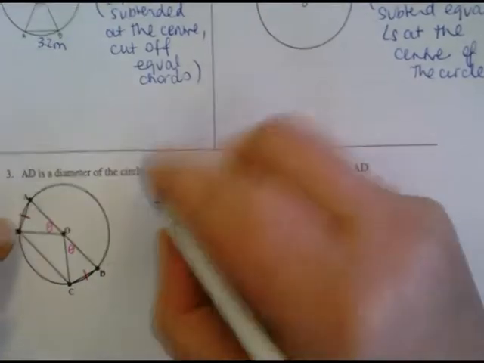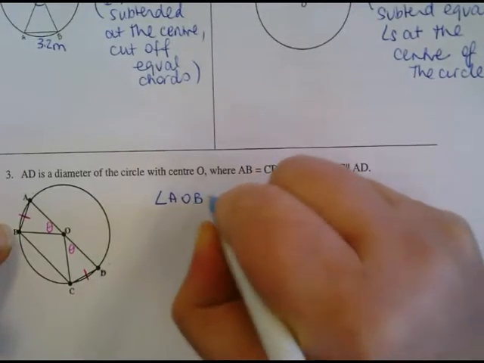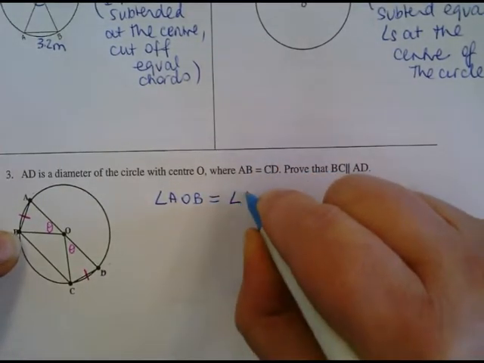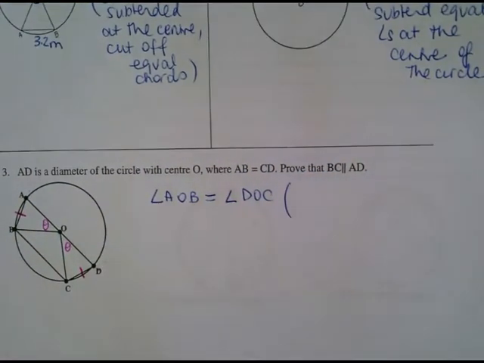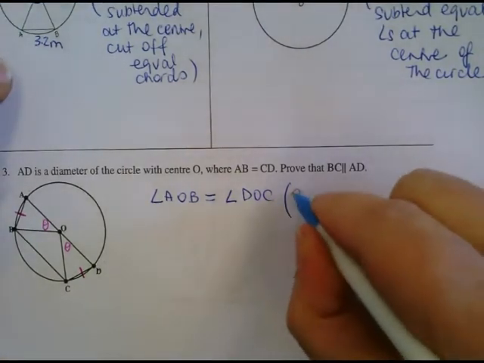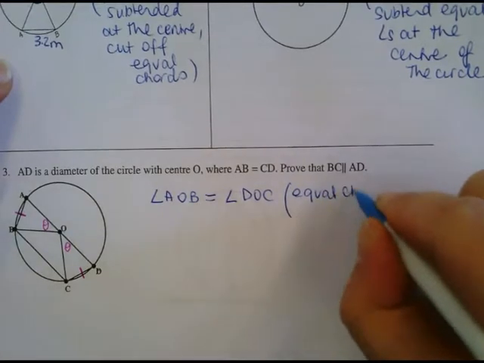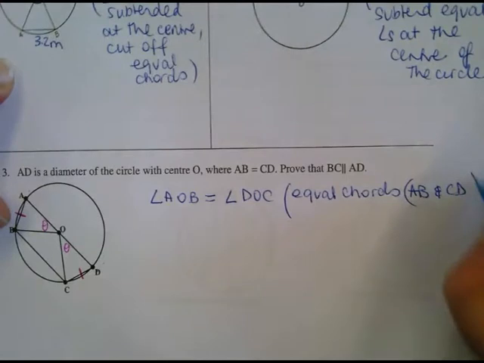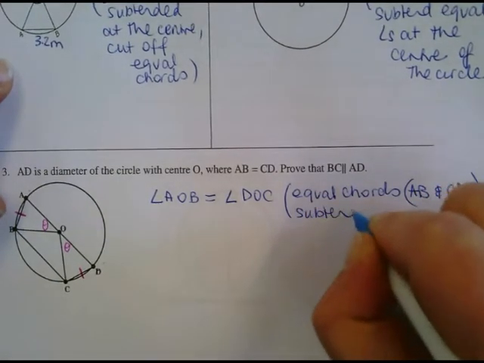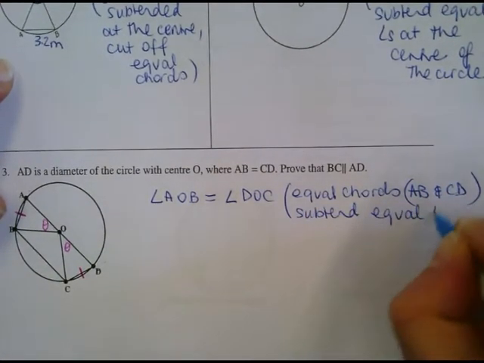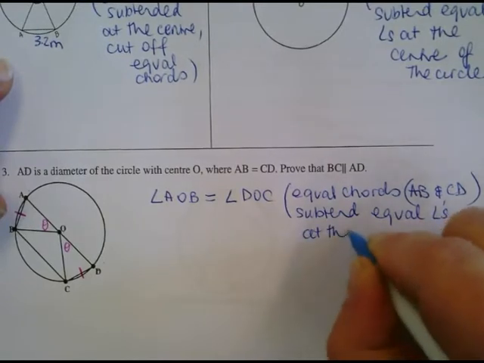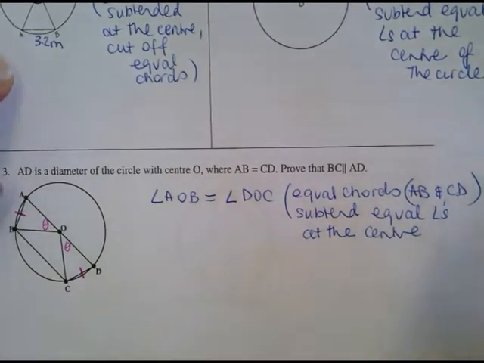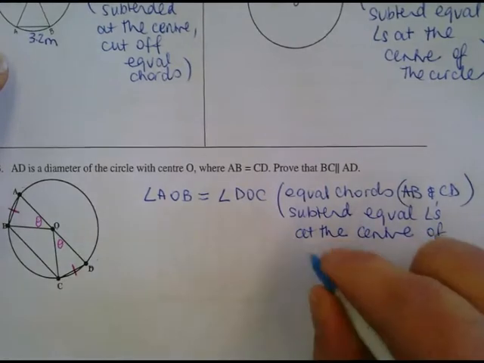So angle AOB is equal to angle DOC. You don't need to prove the theorem and you don't need to prove congruence. Reason: equal chords, AB and CD in brackets, subtend equal angles at the center of the circle.